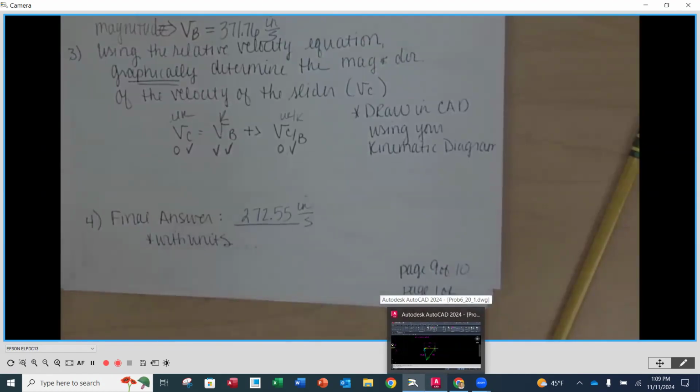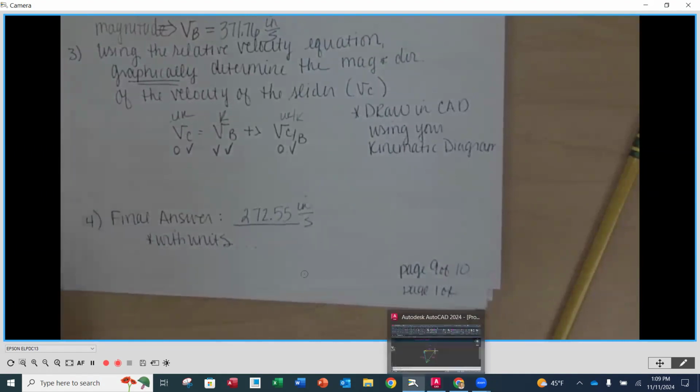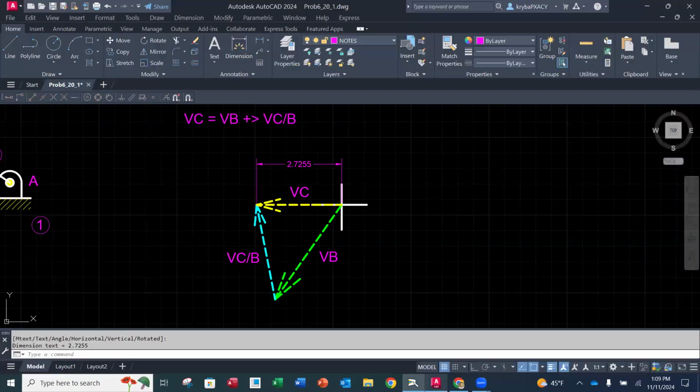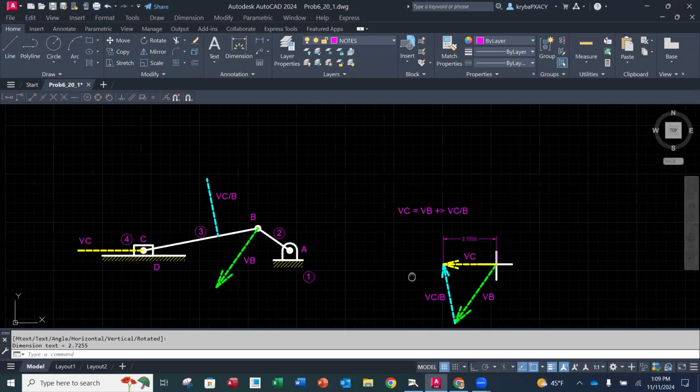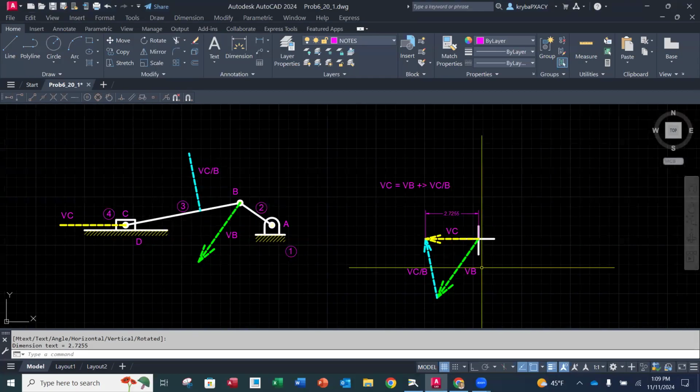Did everybody get those same values as I did? No? Then you have to go back and fix it. The very first place to start is going to be on your initial diagram. If indeed you did screw something up along here and you used perpendiculars, then those numbers aren't going to be correct. For your assignment, I have the final answers in there for you.